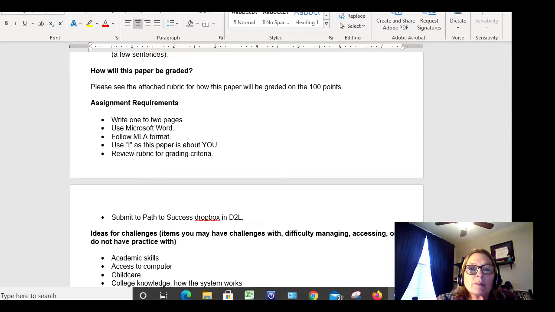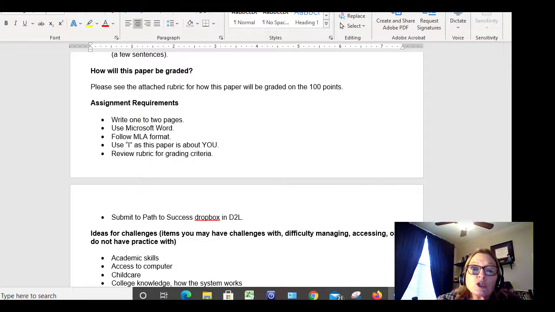Okay, how will this paper be graded? You're going to look at the rubric, which I'm going to show you in D2L, and that will be good for you to know, not just for this class, but for all of your classes. Now look at the requirements. It needs to be 1 to 2 pages, use Microsoft Word, follow MLA format, and you'll notice in this week's resources at the bottom of our page in D2L, there is a link to an MLA resource if you're not familiar with it or if your skills are a bit rusty.